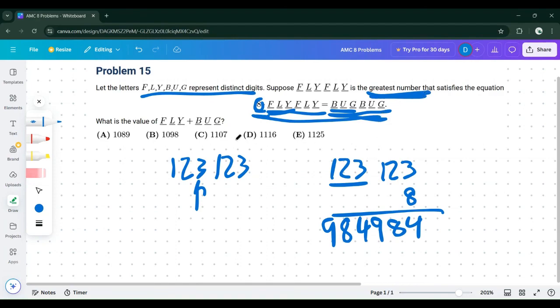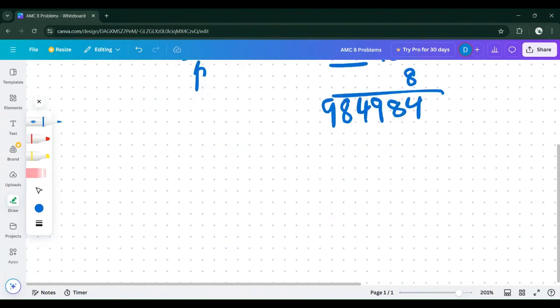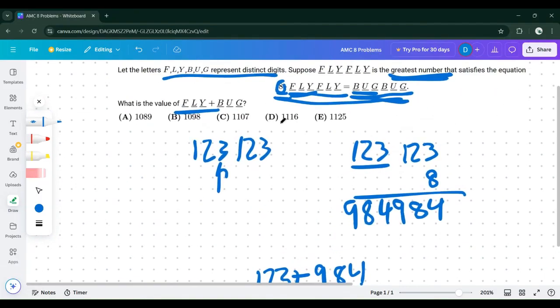So we just have to add up the values of FLY and BUG, which is 123 plus 984, and we get 1107. I believe, yeah, 1107. And that's answer choice C.